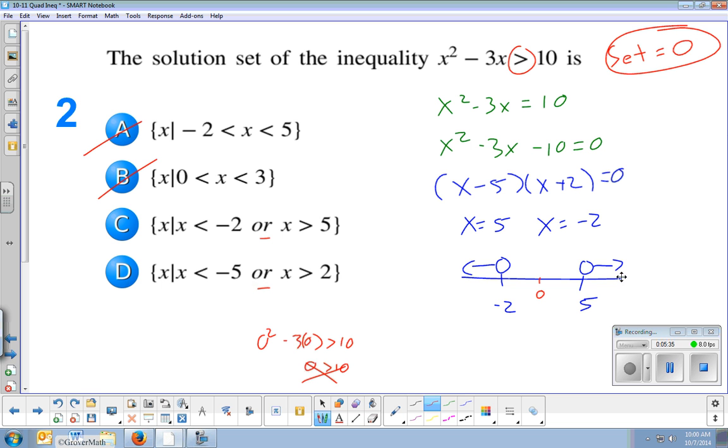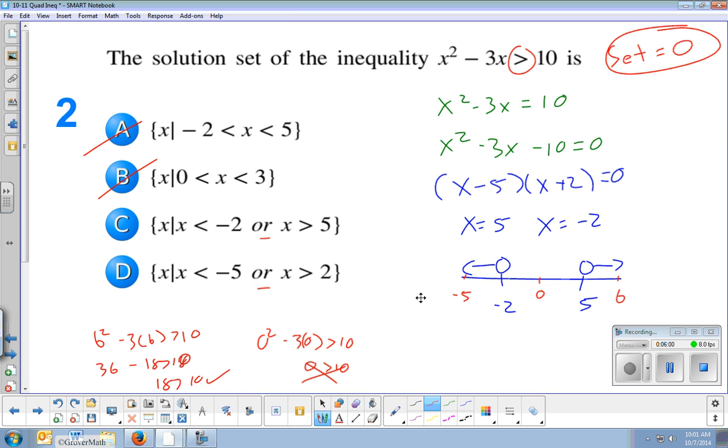But if we test stuff on the ends, like let's test 6, for example. That would be 6 squared minus 3 times 6 greater than 10. That's going to be 36 minus 18 greater than 10. You end up with 18 is greater than 10. That is true. And the same thing if you test something like negative 5 over here. And so you can always test it out.